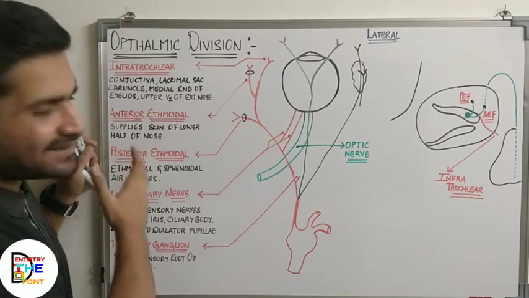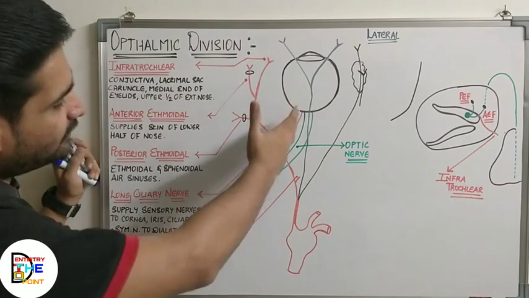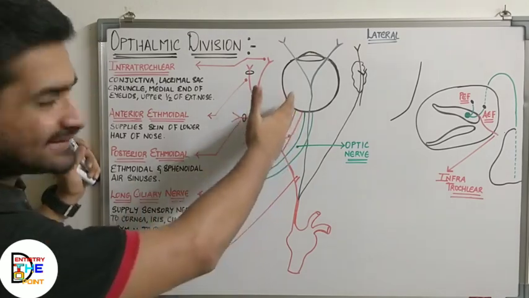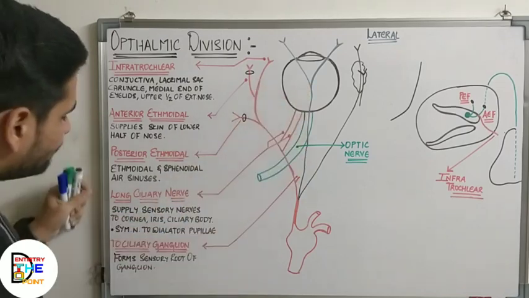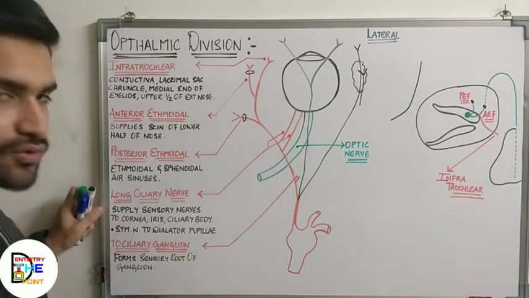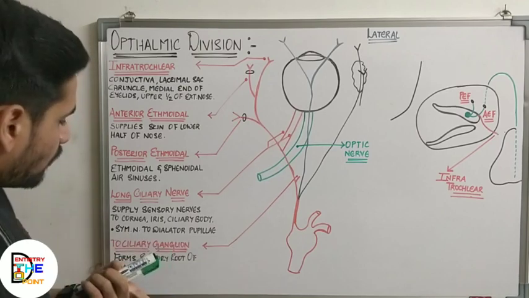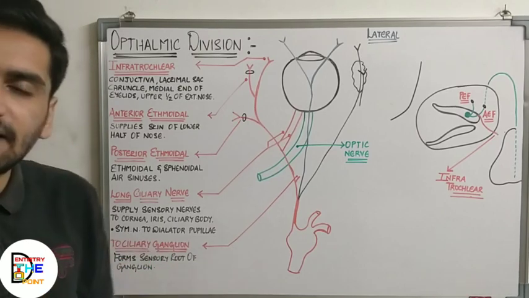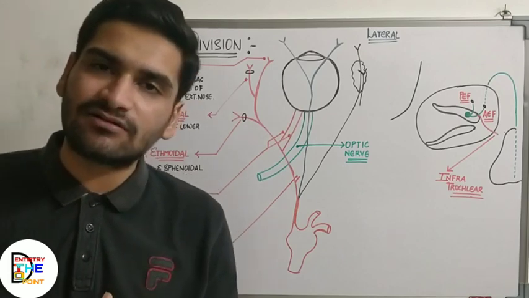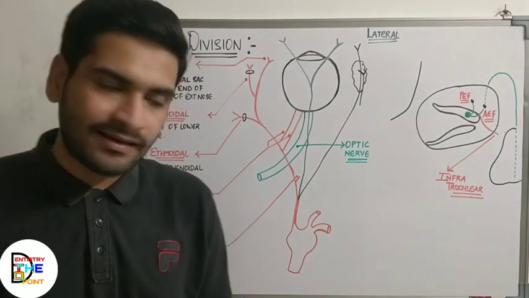Now this long ciliary nerve is going to travel further and pierce the sclera. After piercing the sclera, it will supply sensory nerves to the cornea, iris and ciliary body. To all three it will supply sensory nerves, that means nerves for sensations.